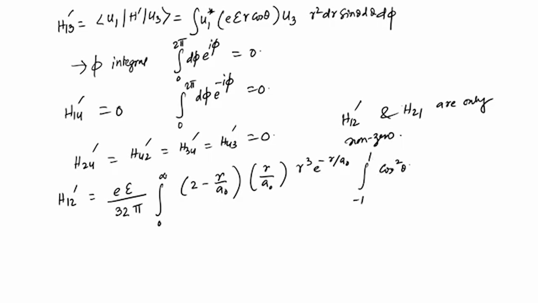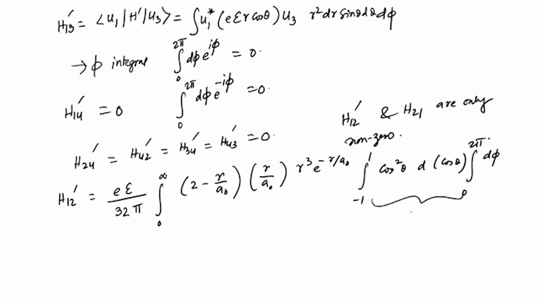Now, the cosine does not let you go to 0 because of this even power of cosine theta and d of cosine theta. So, we write this theta integral, because there is a sine theta cos theta, in terms of cos square theta d of cos theta, and then d phi is simply from 0 to 2 pi. So, this is the r integral, theta integral and phi integral that you see there.